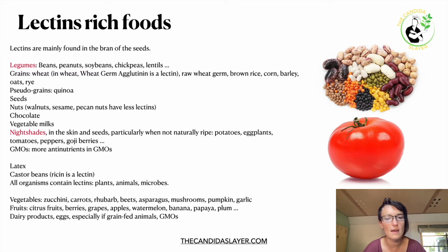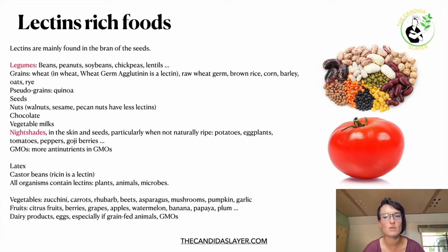Regarding dairy products and eggs, it will be particularly rich in lectins if the animals were grain fed, and especially with GMO grains. So if you consume dairy from grass fed cows, don't worry, that will be fine. It will be good for you.